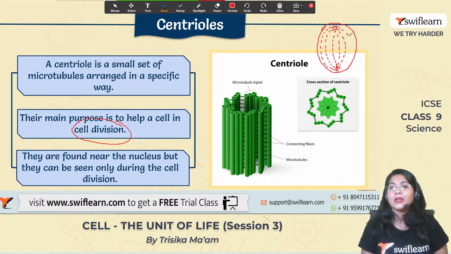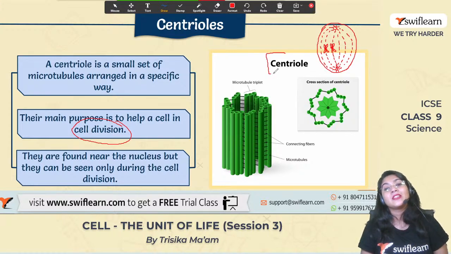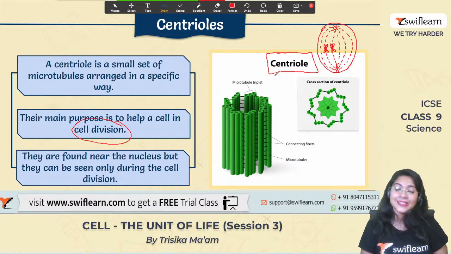From there, astral rays and spindle fibers are formed, and on these spindle fibers, you know that the different chromosomes come and bind with it, right? So this spindle formation takes place during the cell division with the help of this centriole.